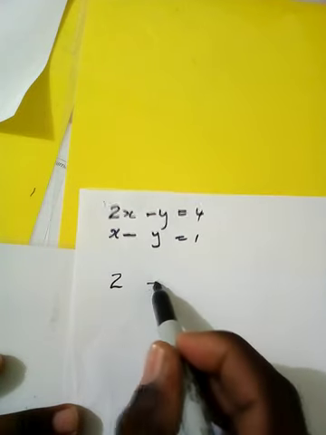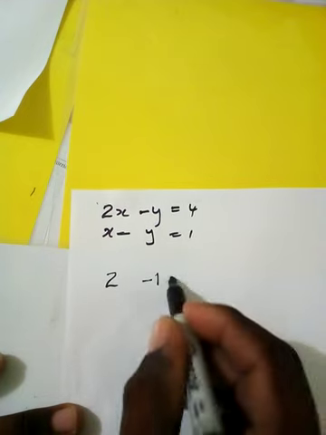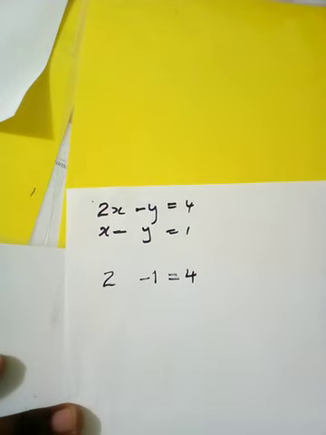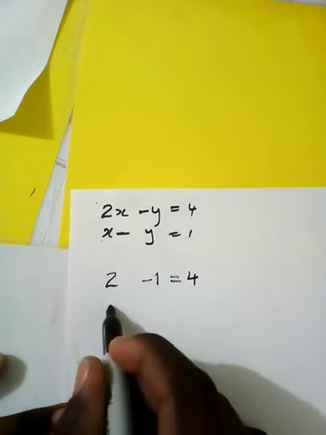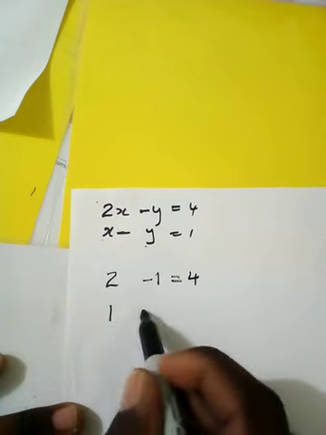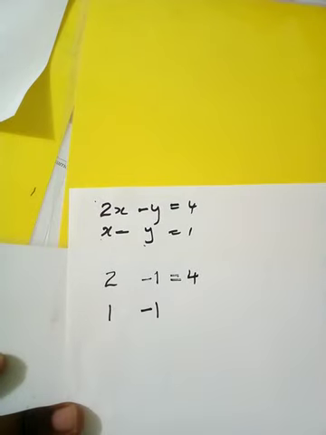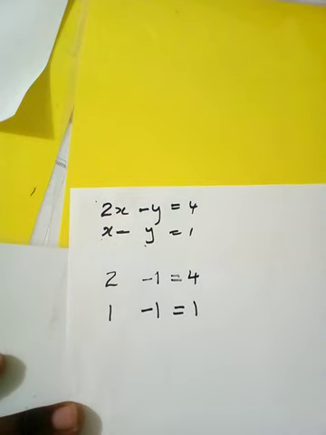It's negative 1, equals 4. Second equation: what's the coefficient of the x term? Positive 1. What's the coefficient of the y term? Negative 1. So you realize when it's negative, we have to write a negative sign in front of the term. Equals 1. So the first step is to pick up our coefficients.